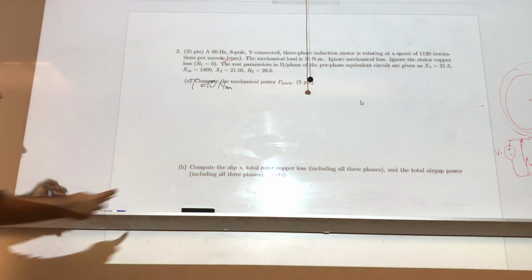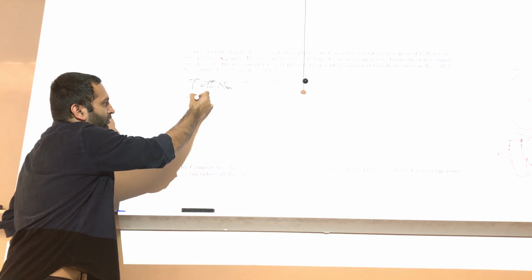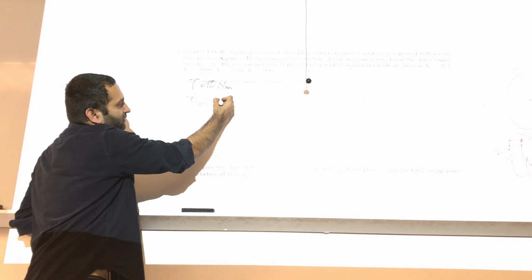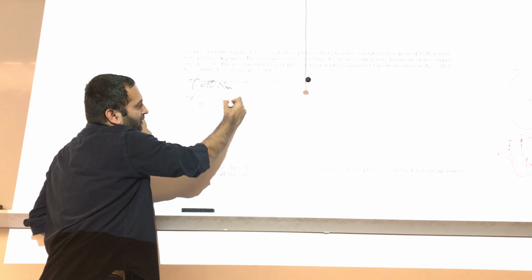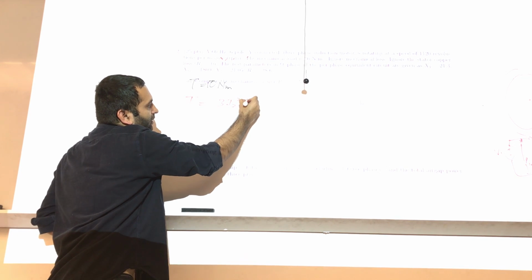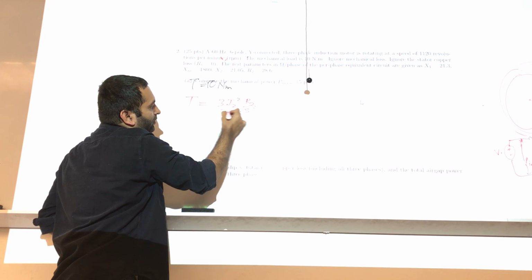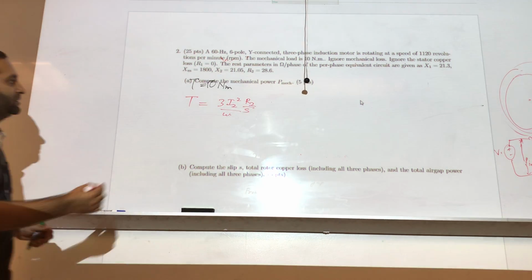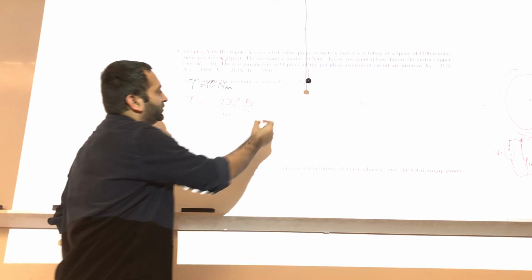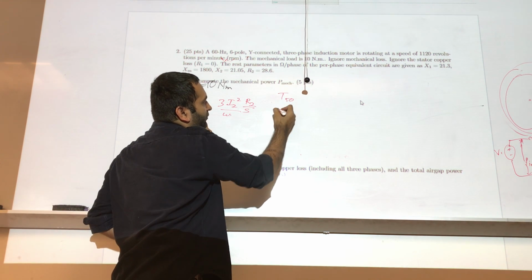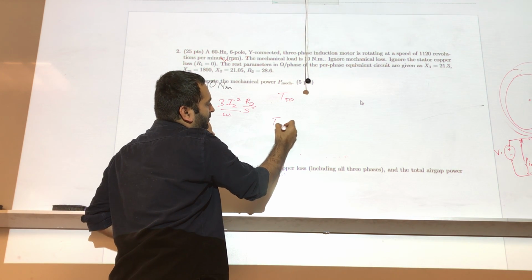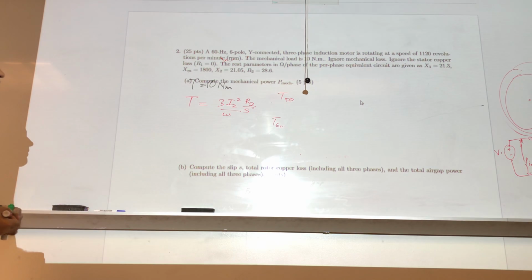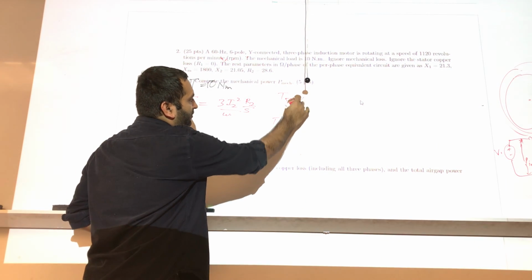So what does the torque depend on? Let's say the formula for torque. Torque is nothing but 3 I2 squared R2 over S over omega, right? So we have two different torques, which I can write as torque at 50 Hz and torque at 60 Hz.